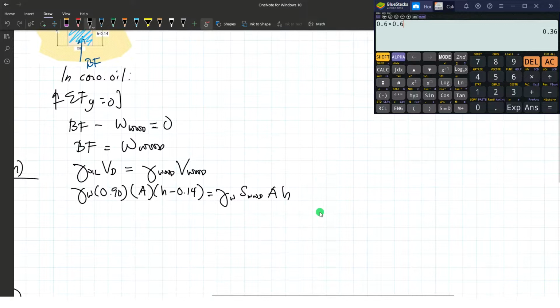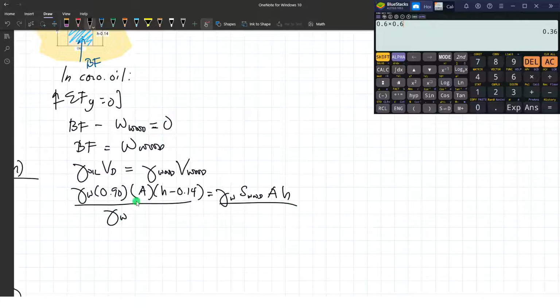We have common values on the left and right side, so we can divide both sides by the unit weight of water and the cross-sectional area, so that they can be cancelled out.